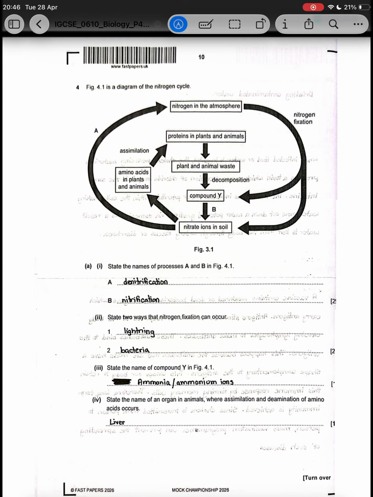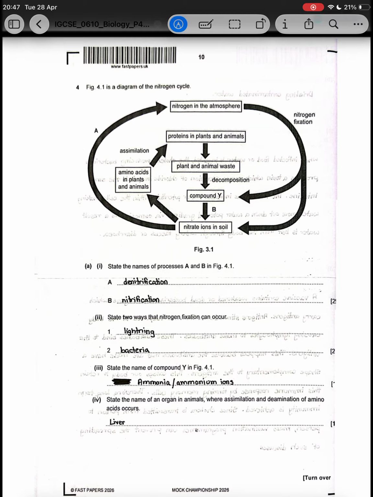And B will be nitrification, because this is a process in which energy from ammonia is taken in by bacteria to produce nitrates.